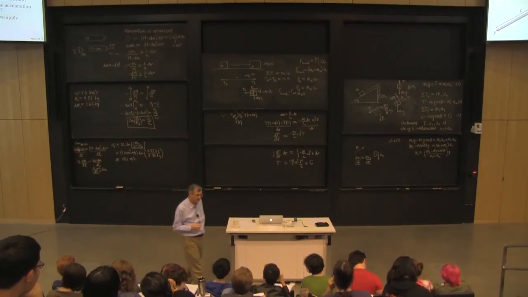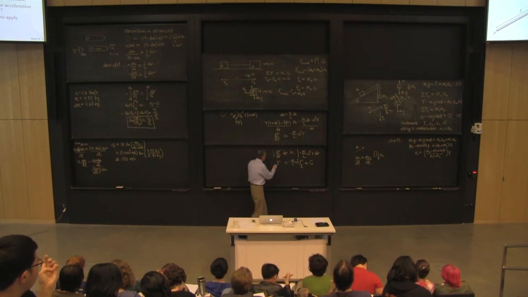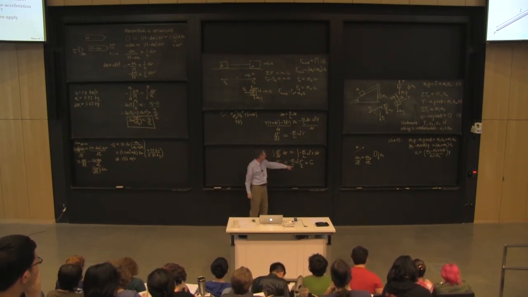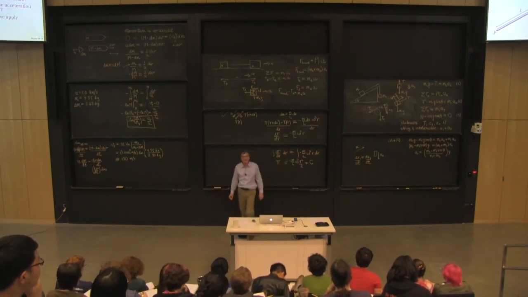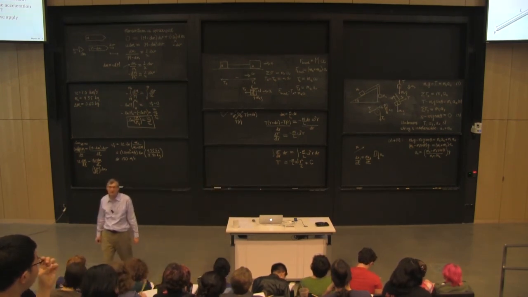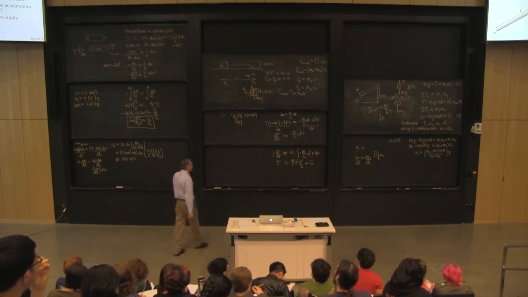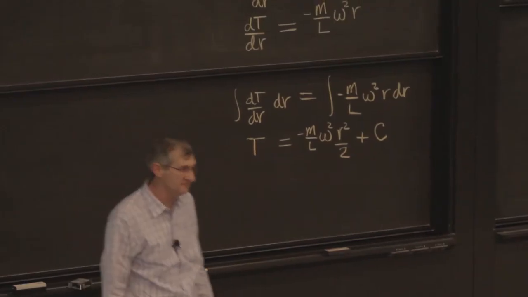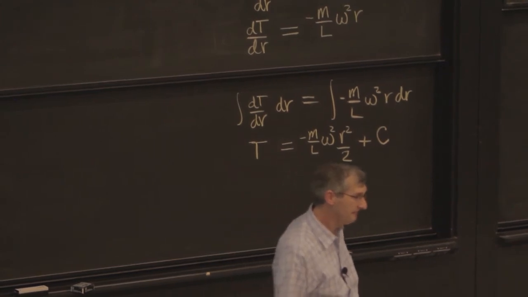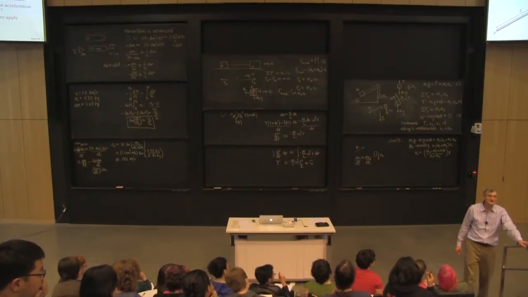Can't we just evaluate it from 0 to m? Hang on one sec. Okay, so now I know the answer up to a constant, and are you bothered by the negative sign? Can the tension in the rod be negative? Where is the tension equal to a simple value?